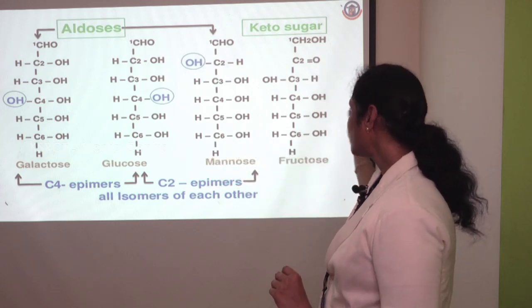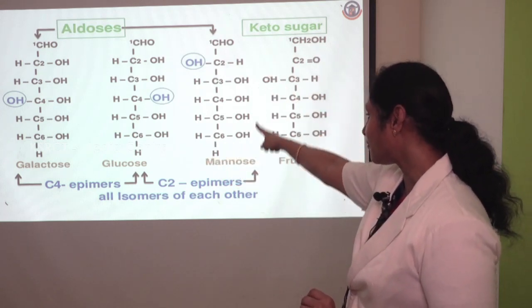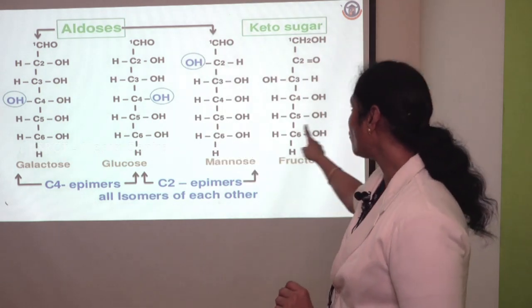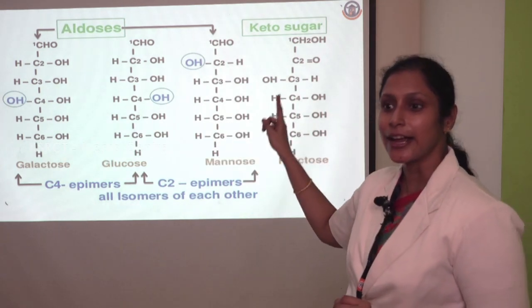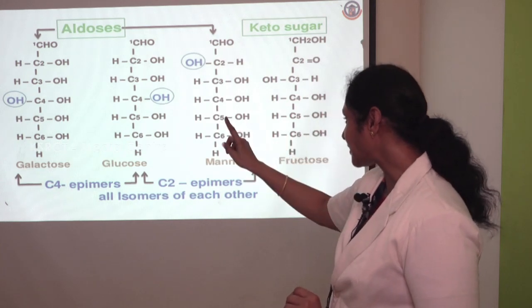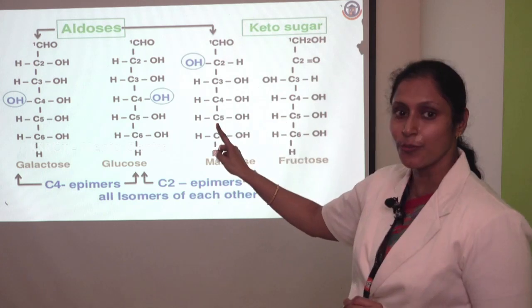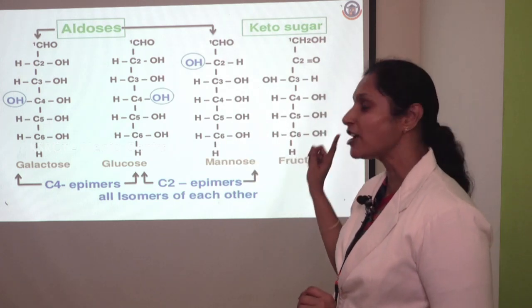And this is the structure to determine this. This is the structure of glucose. All have 6 carbon atoms and the same molecular formula C6H12O6, but there is a single change, that is the arrangement of OH and H group around a specific carbon atom.